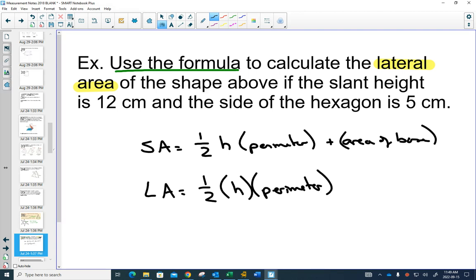So my surface area, 1/2 height, or sorry, not height, it's S, right? Thank you. S is the slant height.